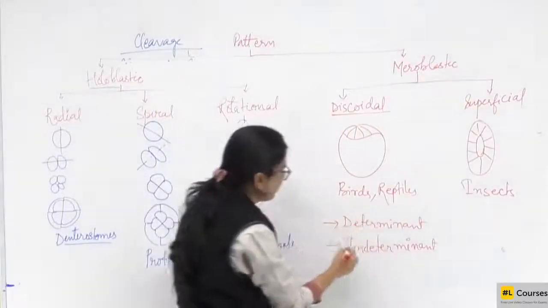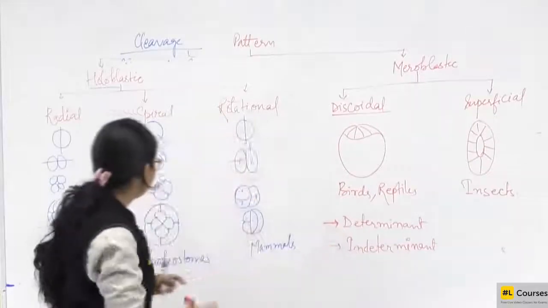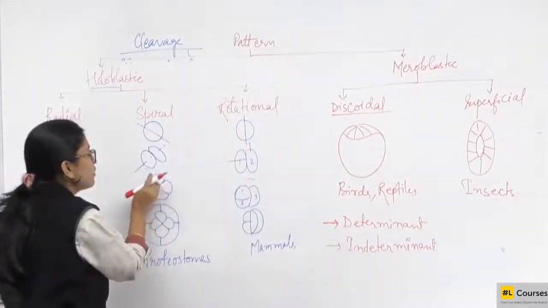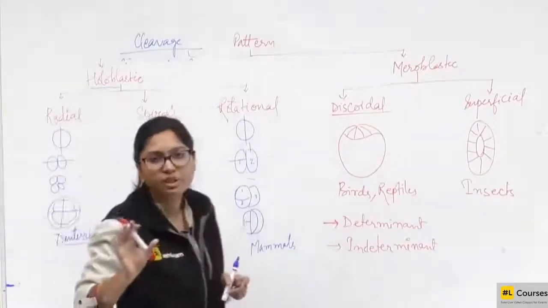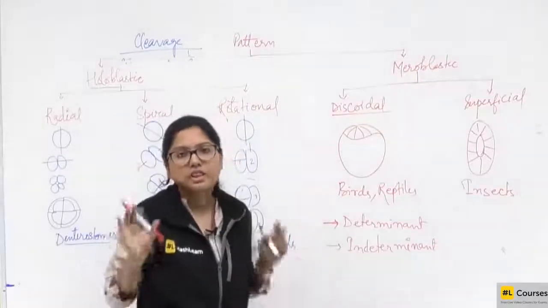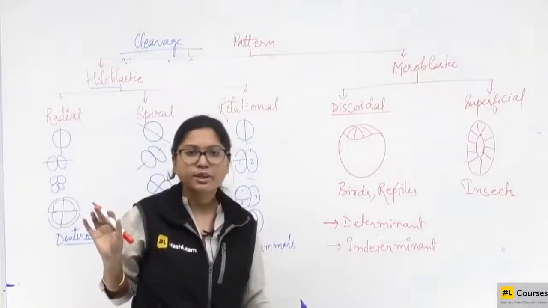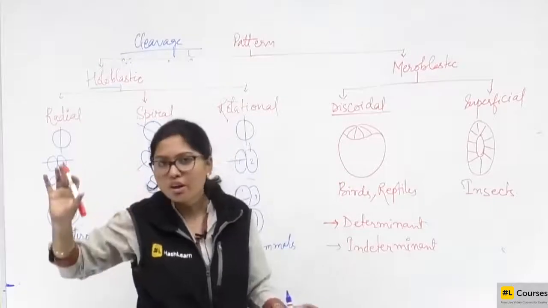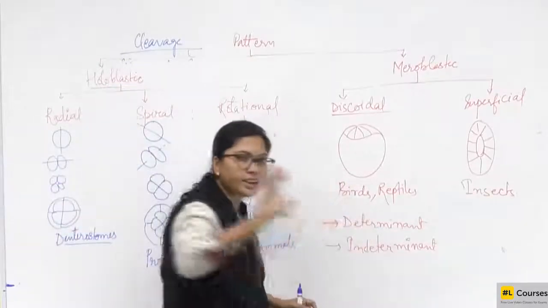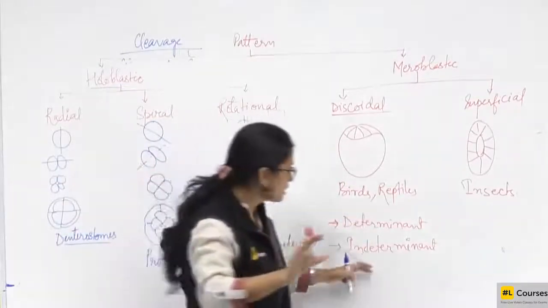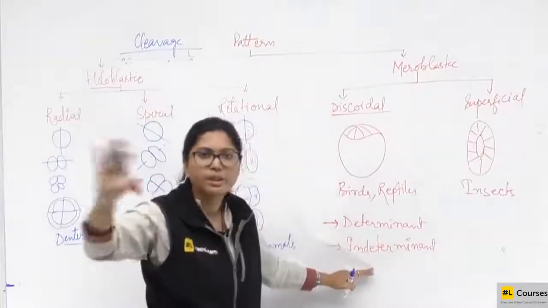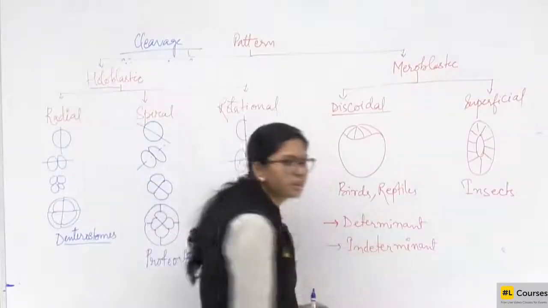So determinate is when the fate of every blastomere is decided. Fate decided means the future is decided, who will become what. If in nursery itself you knew that you were going to be a doctor, you were determinate at that time. But in nursery, if you had the capacity to become everything, you were indeterminate.